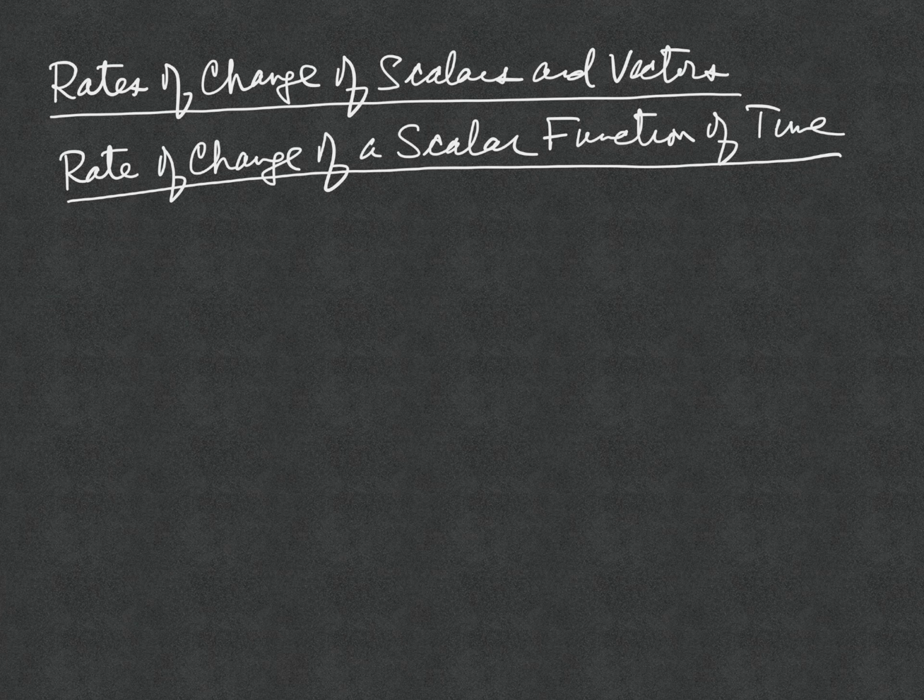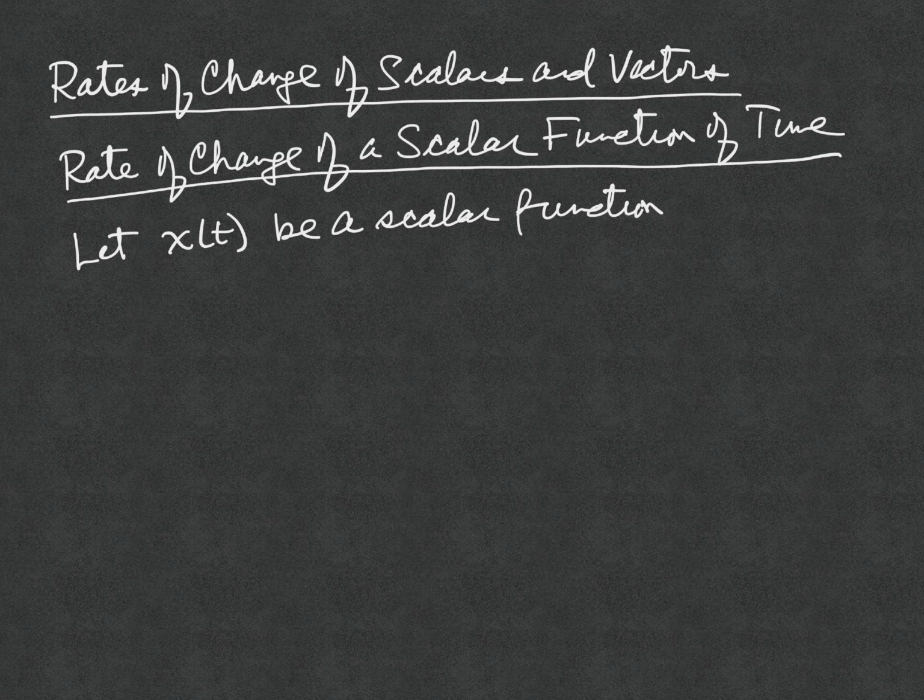Suppose we say let x of t be a scalar function of time. What that means is x of t is an element of the real numbers, because remember, a scalar is an element of the real numbers.